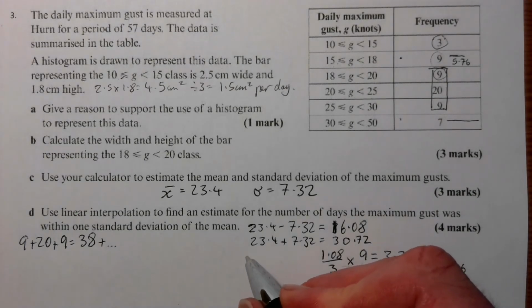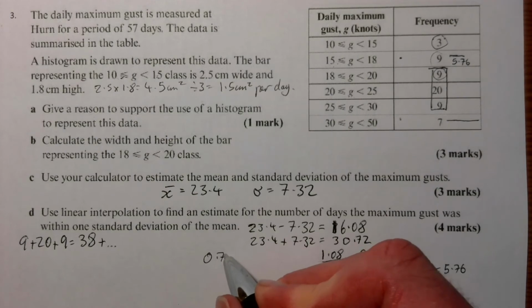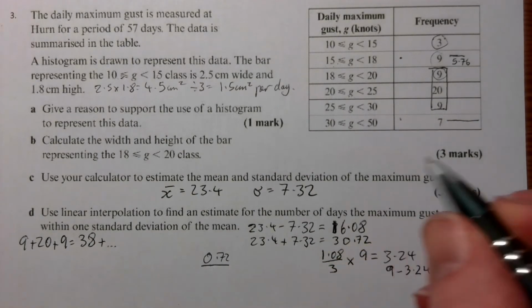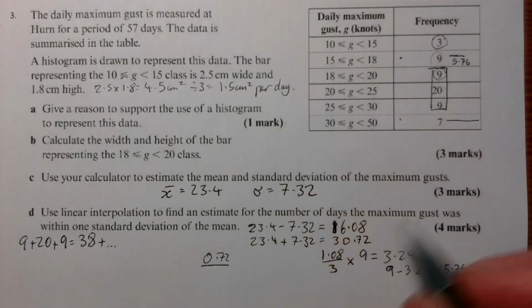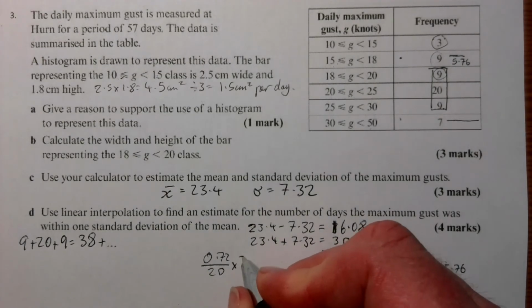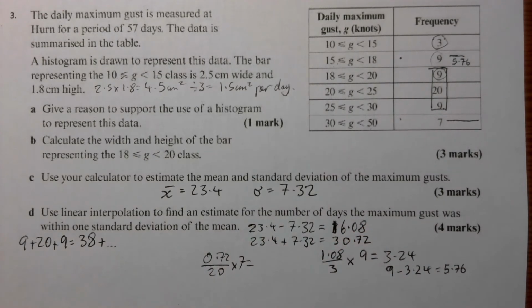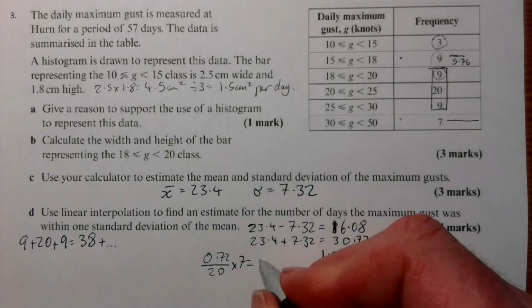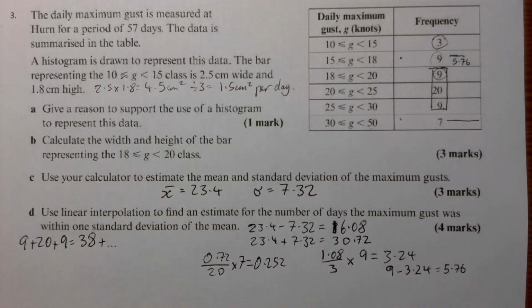So we're talking 0.72 out of, it's a 20 wide thing, isn't it? So it's not a big fraction, times 7. Whop that into your calculator and you should get 0.252.